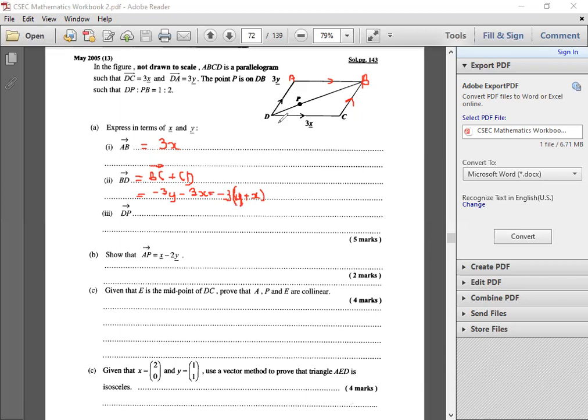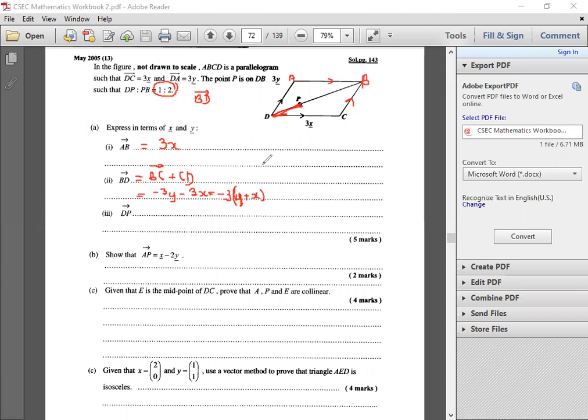Okay, so the next part of the question asks us for DP. Now, what do we know about P? We are told that DP to PB is 1 to 2, which means that the line BD, or DB, is cut into 3 parts.